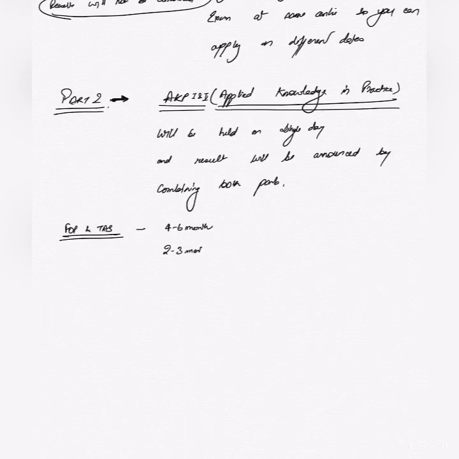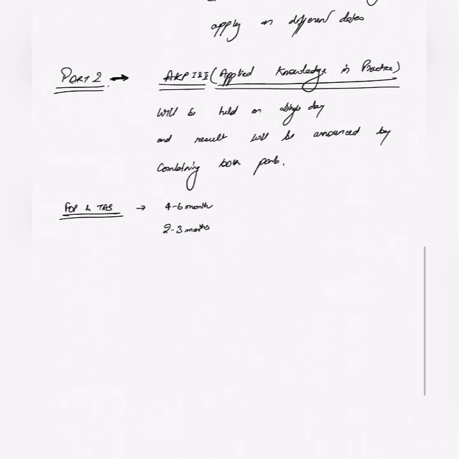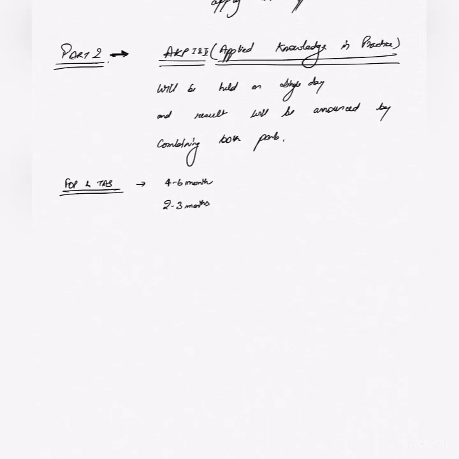So it depends upon how your basics are. The examination consists of single best answer questions and extended matching questions, SBAs and EMQs. I will come to what an SBA and an EMQ are.